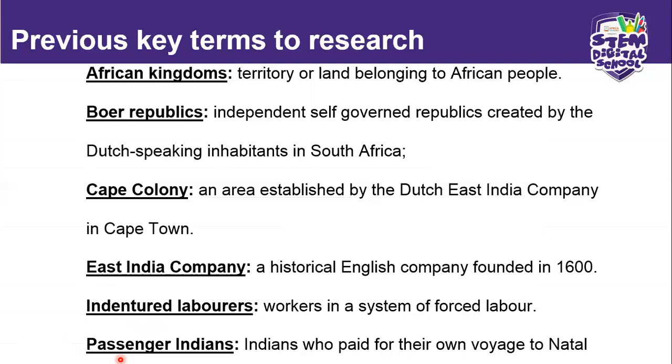So these passenger Indians, they were coming freely to Natal without being forced to work. So they paid for their own journey. What do we mean by voyage? It's a journey. So they paid for their journey to Natal. They were called passenger Indians.